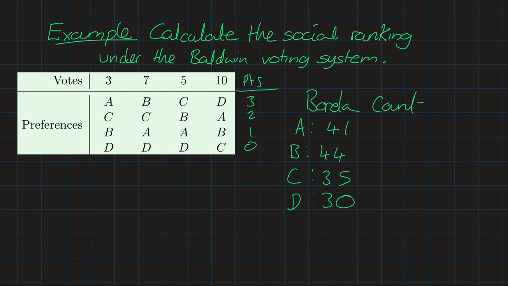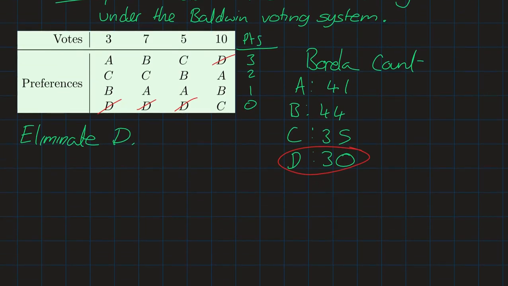So what does this mean? This means that D came in last place, so I eliminate D. Now it's important that you redraw the table. So I'm going to redraw this whole table.